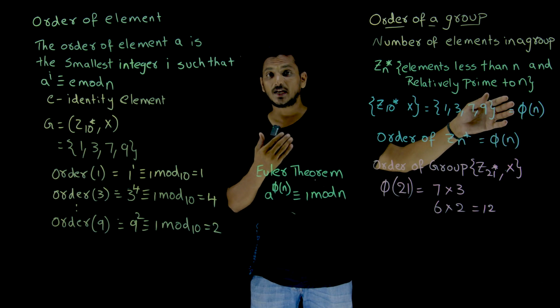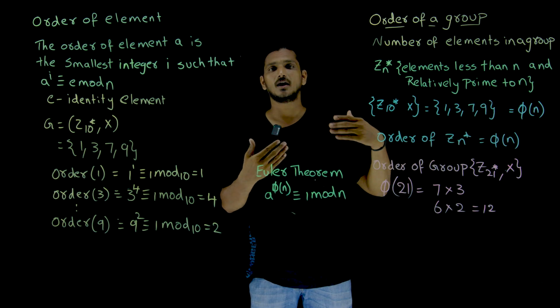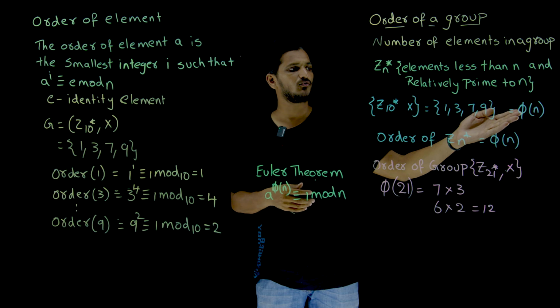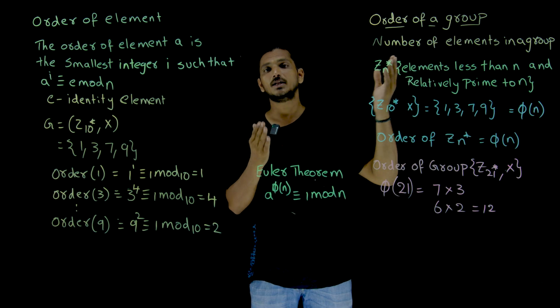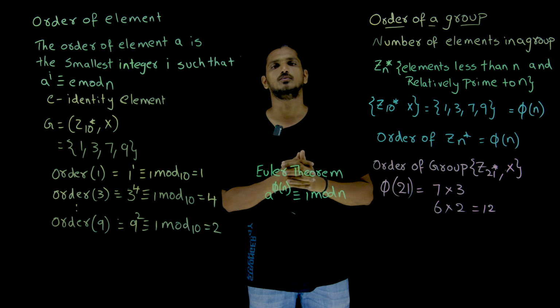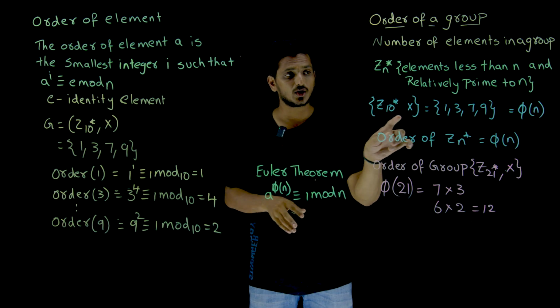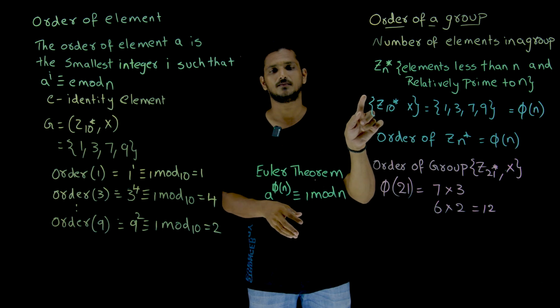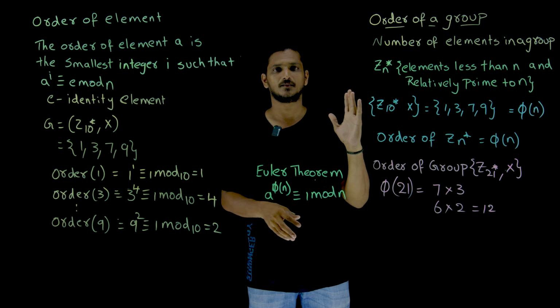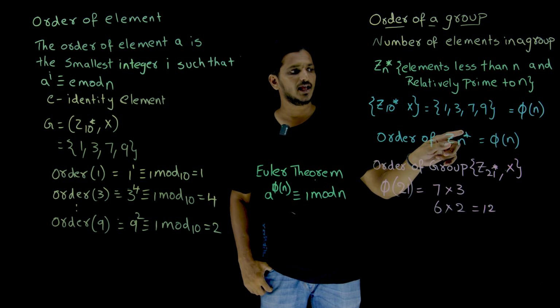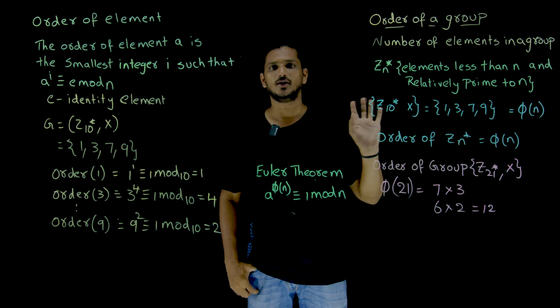Phi of n means the number of elements that are less than n and relatively prime to n. So if you want to identify the order of a group, it is the phi of n value, because we are considering these types of groups. Don't forget this, otherwise you are going to make a mistake. So order of Zn star is given as phi of n.